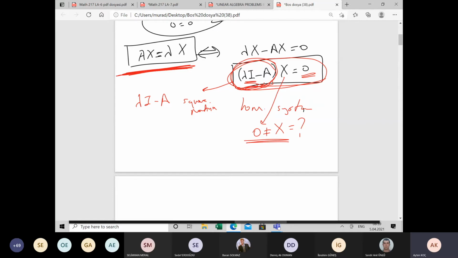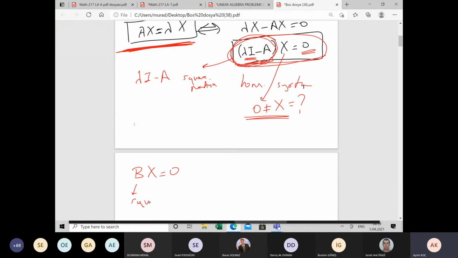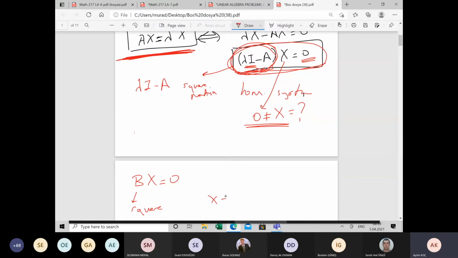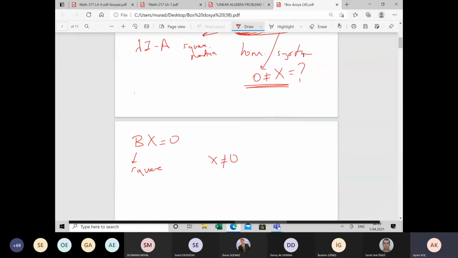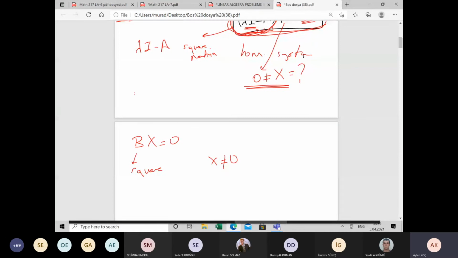For example, look at the system with coefficient matrix B, Bx is 0, homogeneous, and B is a square matrix. Our aim is to find the non-zero solution. So how to check whether this system has a non-trivial solution or not?